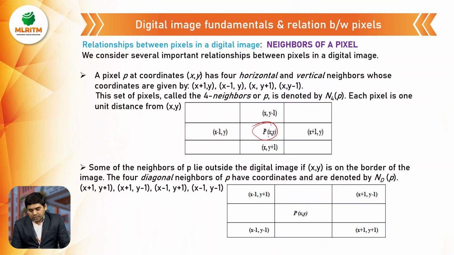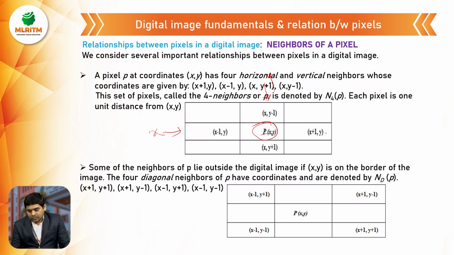P represents the amplitude at this coordinate, where x is the row and y is the column. Above and below change the row, and the left side and right side change the column.